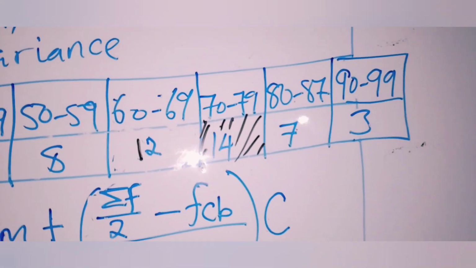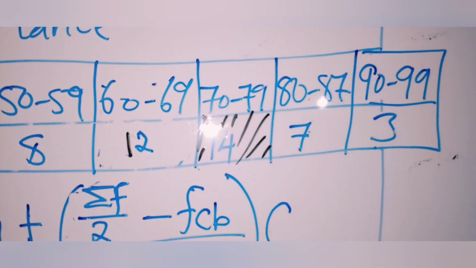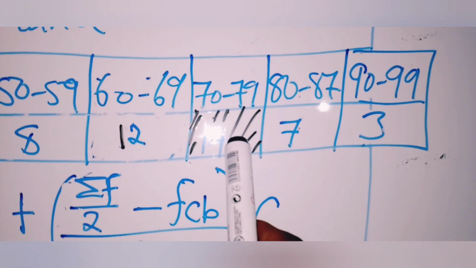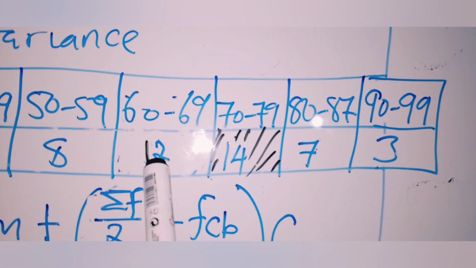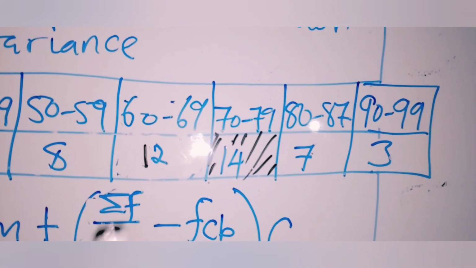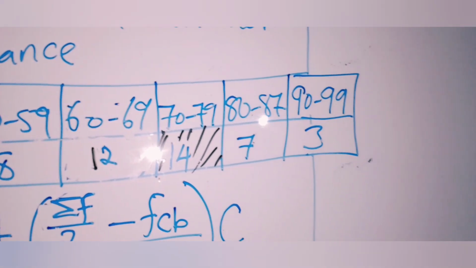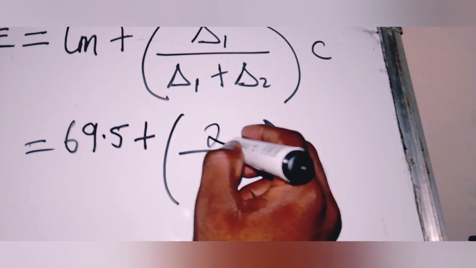Our delta 1 is gotten by subtracting. This is the mode, so 14 minus the number before 14, so 14 minus 12, that is 2.